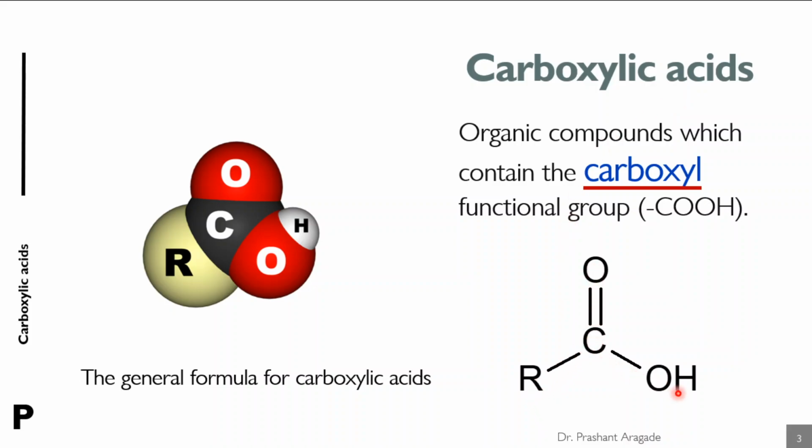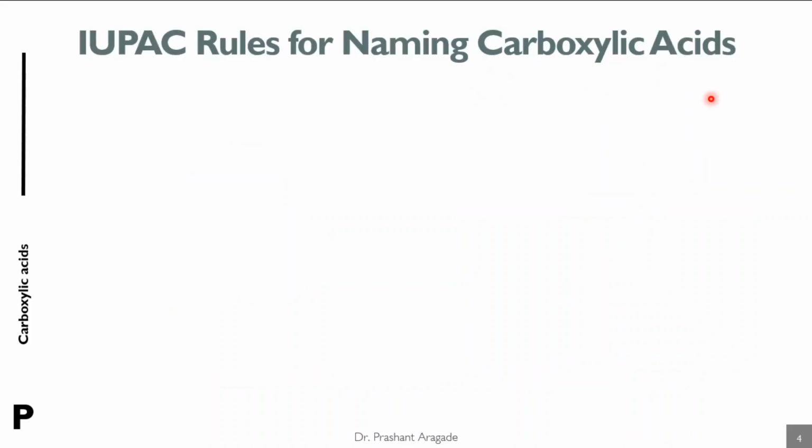Hence, a carboxylic acid is any class of organic compounds in which a carbon atom is bonded to an oxygen atom by a double bond and to a hydroxy group by a single bond. That functional group is called the carboxyl functional group, and if it is present in an organic compound, then it is called a carboxylic acid.